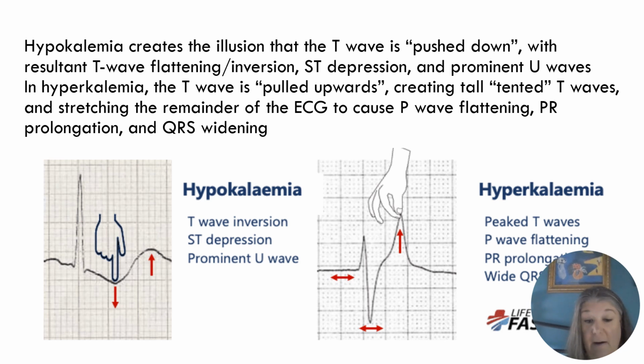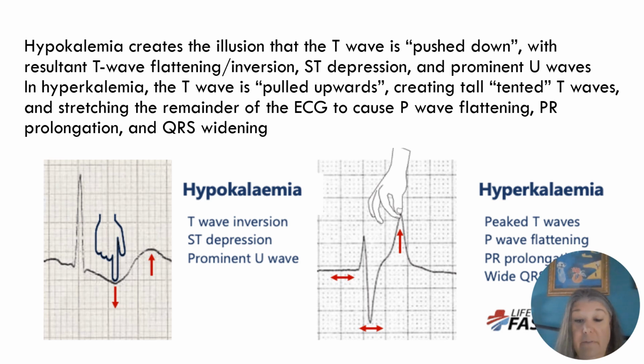It's pressing down. It's inverted. This guy right here is a U wave, which you normally don't even see. It's usually absorbed. But with hypokalemia, potassium is down, T wave is down.